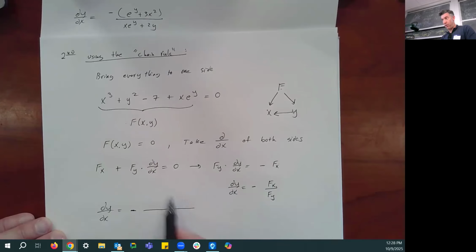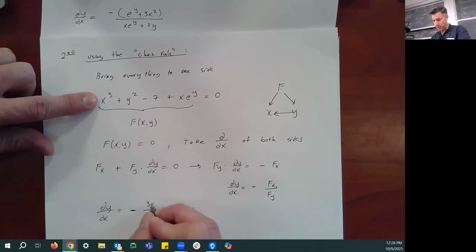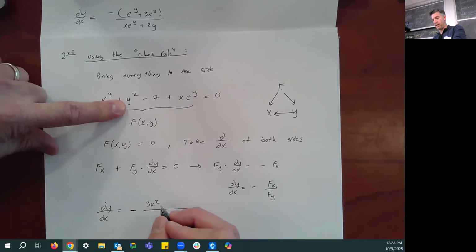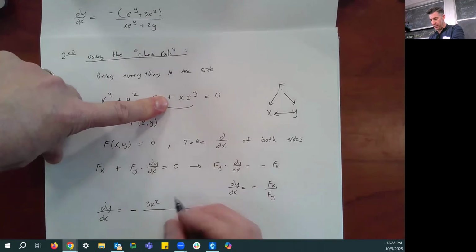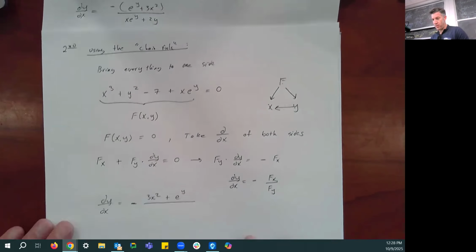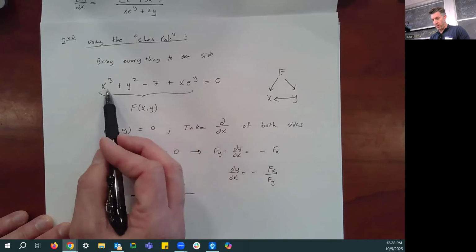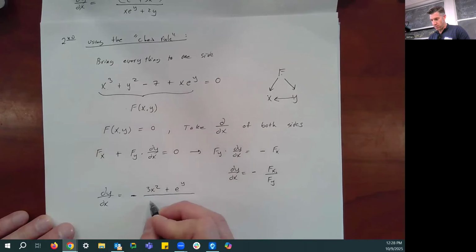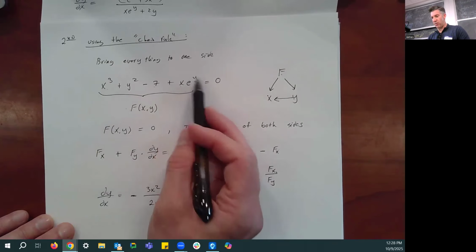On top, we have the partial derivative with respect to x, so it's 3x squared plus 0 minus 0 plus the derivative of x times e to the y, which is 1 times e to the y. Because we're taking the partial derivative with respect to x, we pretend y is a constant. And on the bottom, we get the partial derivative with respect to y, which is 0 plus 2y minus 0 plus x times the derivative of e to the y, which is e to the y.